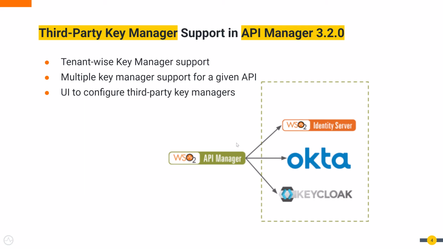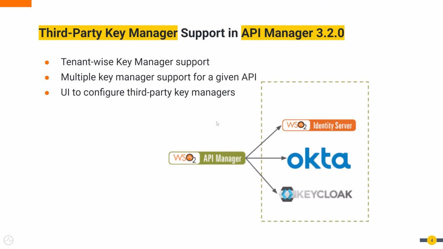Prior to WSO2 API Manager 3.2 release, configuring a third-party key manager was a tedious and time-consuming task, and we had to do it manually by editing configuration files. With the API Manager 3.2 release, tenant admins now can configure third-party key managers using the admin portal without making any manual modifications to configuration files.